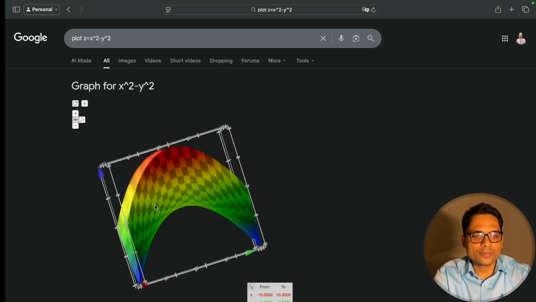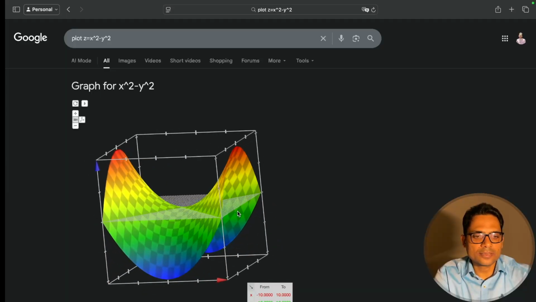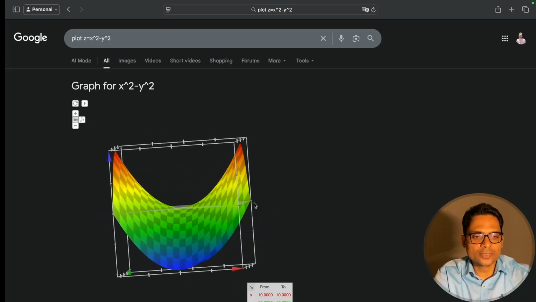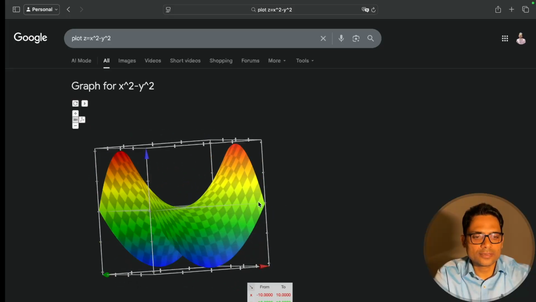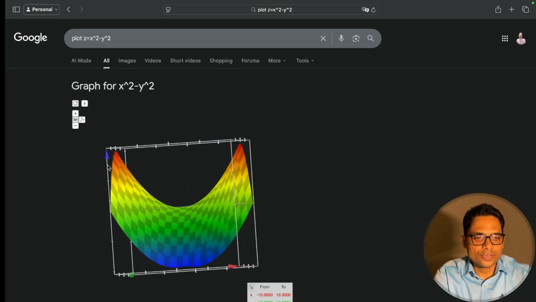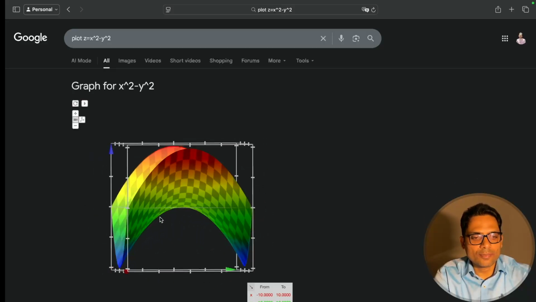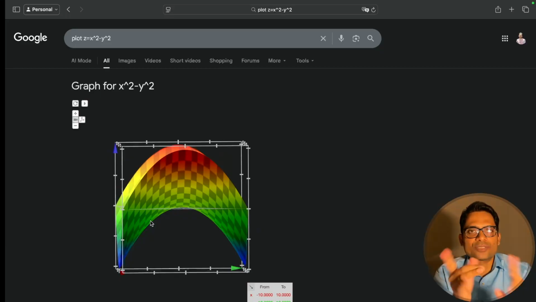But if you rotate it with respect to x, you see this is a parabola coming down. So this is your minima with respect to x. From one dimension it is minima, and from the other direction it is your point of maxima.